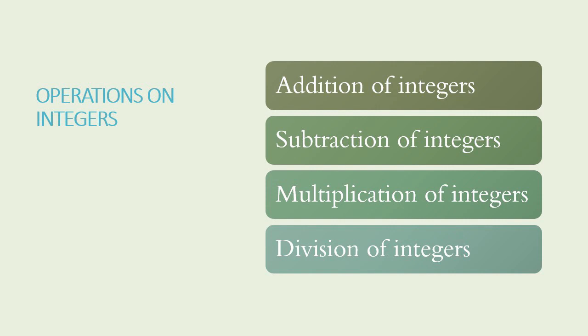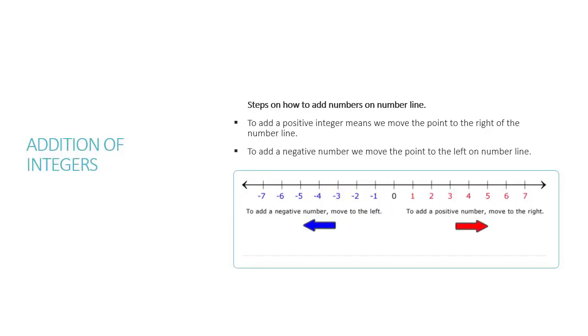So, operation on integers means addition of integers, subtraction of integers, multiplication of integers, and division of integers. Let's start with addition of integers. We'll first be doing the addition and subtraction on the number line, then we'll be doing it arithmetically.